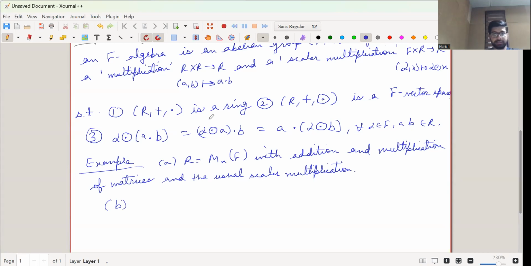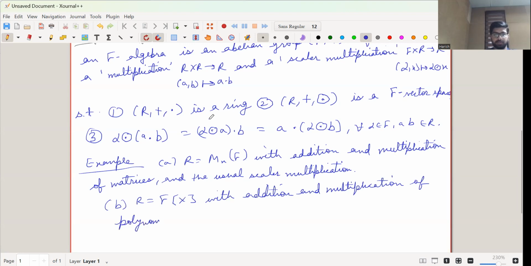Second is R2. You can take the polynomial ring with addition and multiplication of polynomials, the usual polynomials over F, and the usual scalar multiplication.